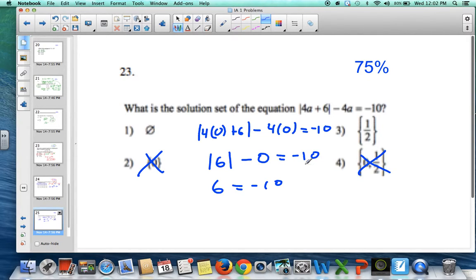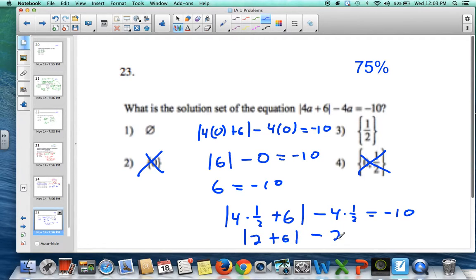Let's see if 1/2 works. Absolute value of 4 times 1/2 plus 6 minus 4 times 1/2 equals negative 10. Let's see what that is. 4 times 1/2 is 2. Absolute value of 2 plus 6 minus 2 equals negative 10.